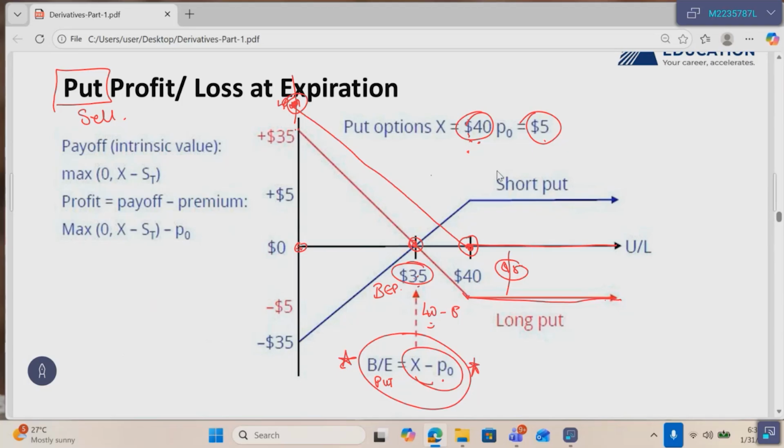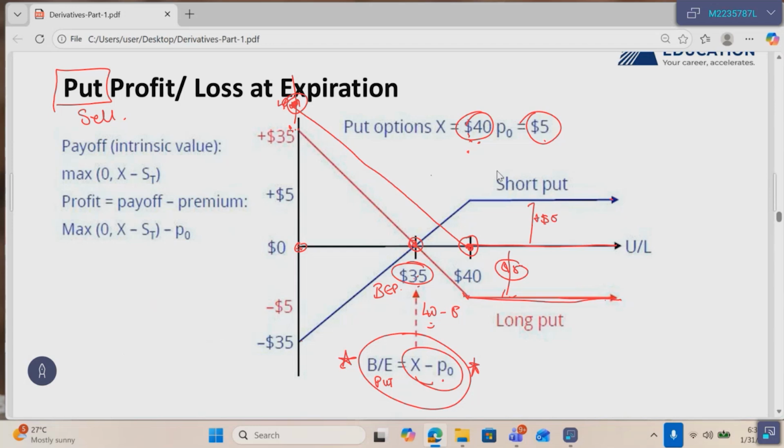Clear? And if it's a long put, you know this concept. And if it's a short put, it will go in the opposite direction. So long put, you make a profit here. Short put makes the loss here. You lost the premium; you will always lose it till the price falls below 40. This guy is always making the premium till it falls below 40.